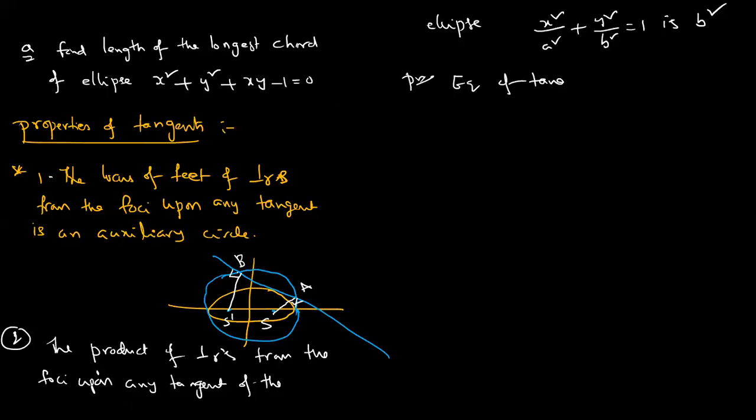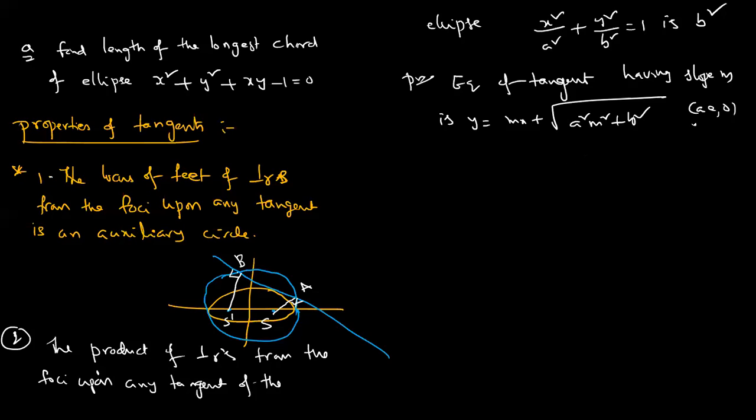Equation of the tangent having the slope m is y is equal to mx plus root over a square m square plus b square. Fine. So one point is ae comma 0, dear students. This right line is mx minus y plus root over a square m square plus b square.